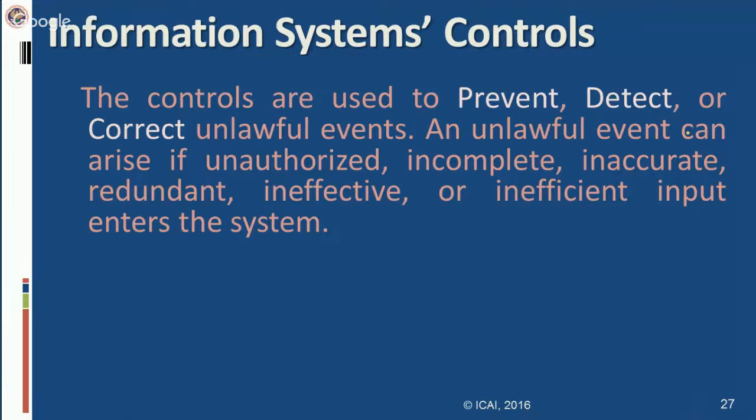And the unlawful event can occur if unauthorized, incomplete, inaccurate, redundant, ineffective or inefficient input enters the system. So if anything of unlawful nature occurs in a particular information system, there will be a set of activities that will compromise the objectives of the information systems controls and the attack will occur.